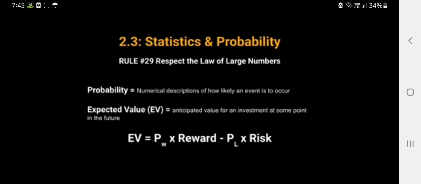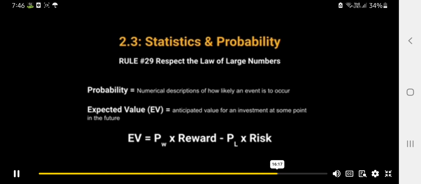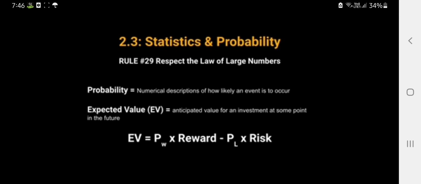Each side has a 1 in 6 chance of landing, and you cannot have any other outcome apart from a 1, 2, 3, 4, 5, or 6.